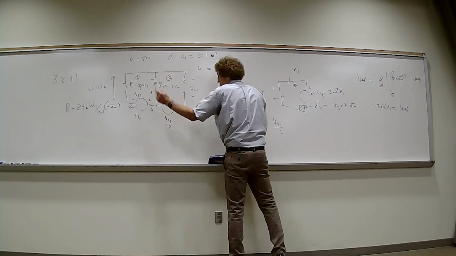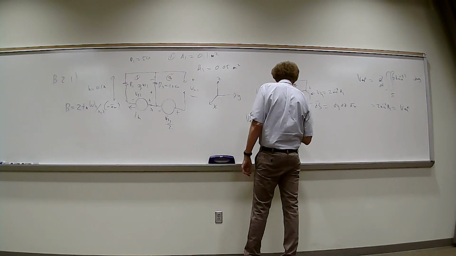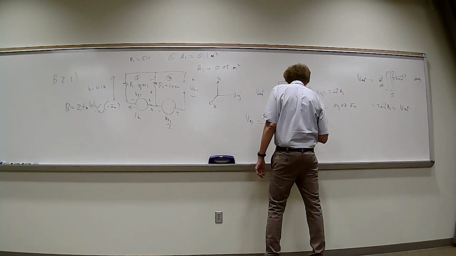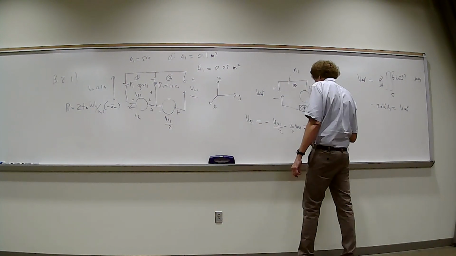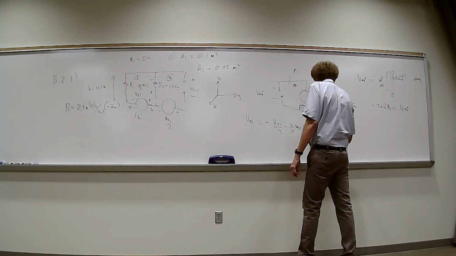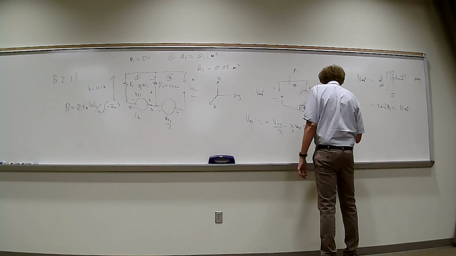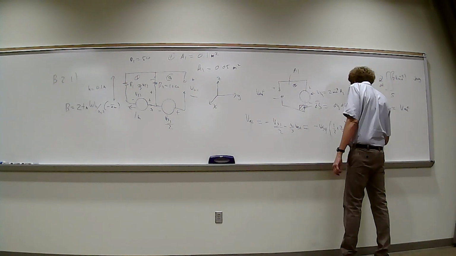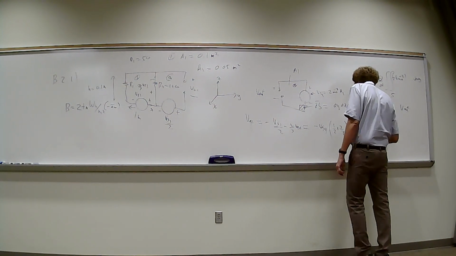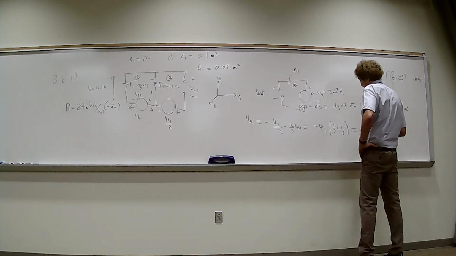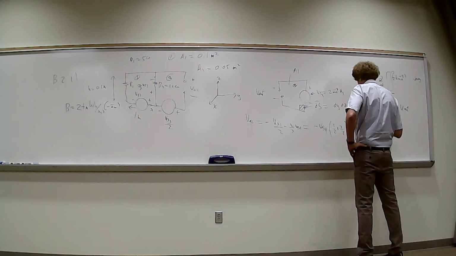Go through here, that's a voltage drop of minus 2/3 VS1. And that's simply going to be minus VS1, right? And then you got 1/2 plus 2/3. I'm just writing the whole thing out for you. So that's minus VS1. And that's going to be what?